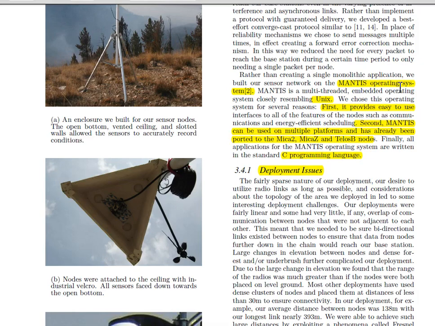Second, Mantis can be used on multiple platforms, and it has already been ported to the Mica 2, because if you remember, they use a Mica 2 type of sensor. So the operating system is already there. That's why they choose to use the Mantis operating system.